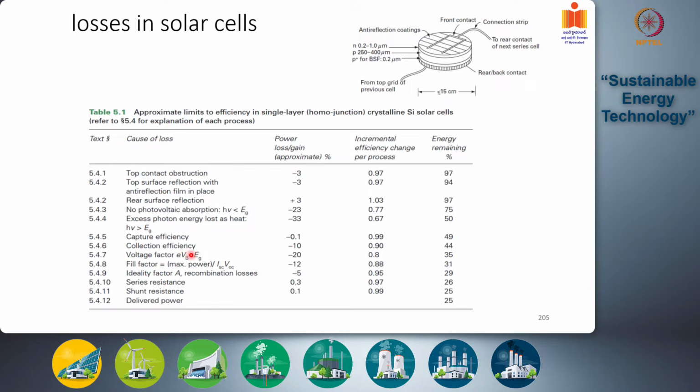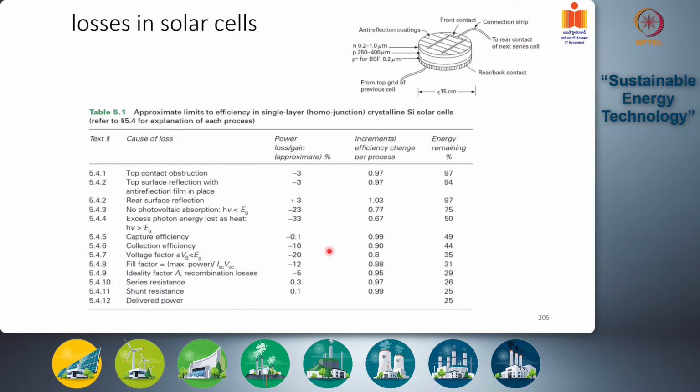Then you have something called the collection efficiency. So how many of the electron and holes that were created by the capture of the photons is actually being collected at the front and the bottom contact. Okay, so this is a very important aspect, because not all of it actually does travel to the front and the rear contact and get collected by the external circuit.